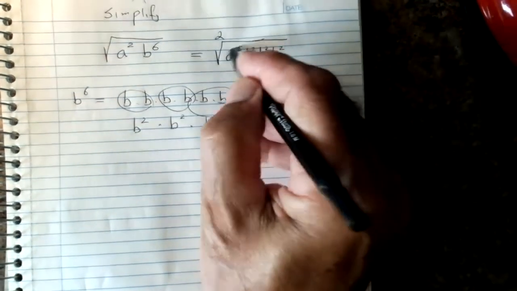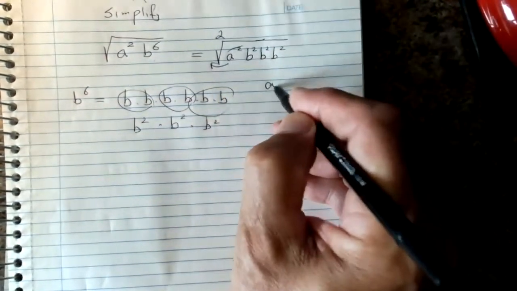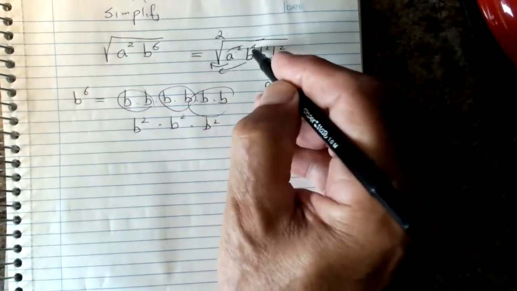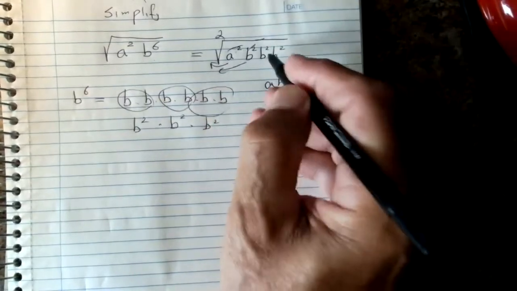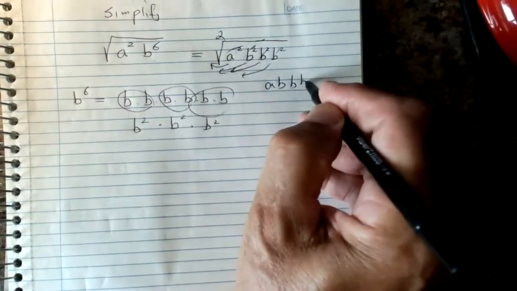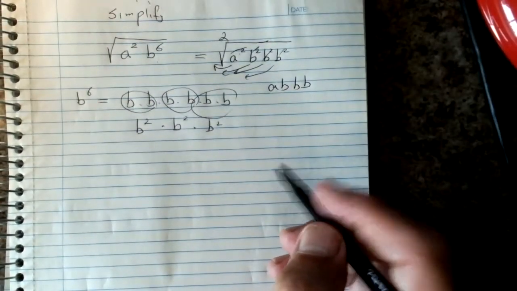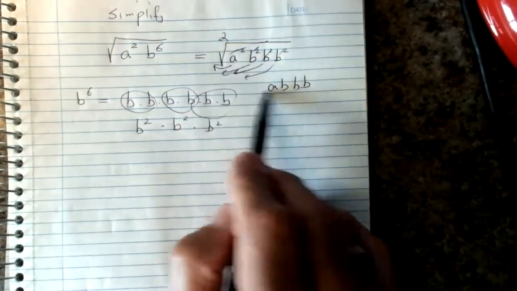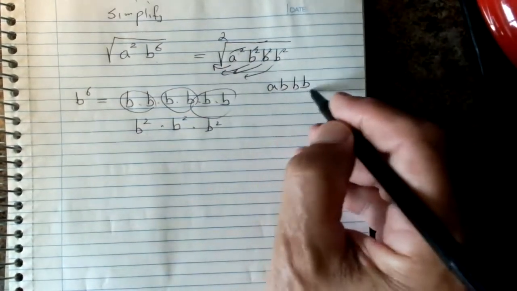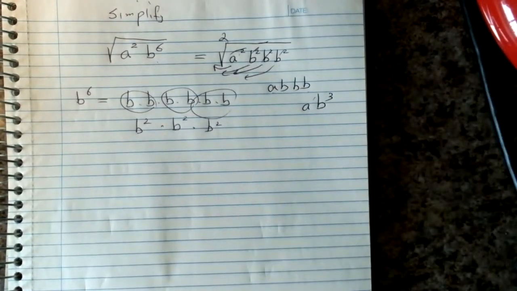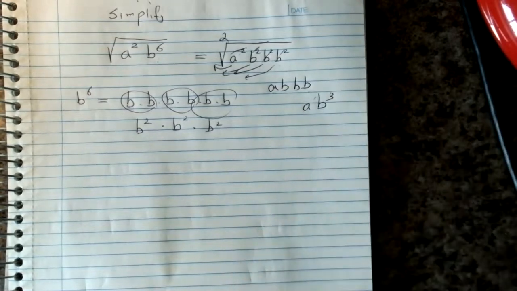Now, a is coming out of the radical because 2 and 2 are equal. b is coming out of the radical because 2 and 2 are equal. Another b is coming out, and another b. Nothing left under the radical. So all these letters that have the same power as the root are coming out of the radical. So what do you have now? You have a, b to the power of 3, because b times b times b is b to the power of 3. So ab cubed.